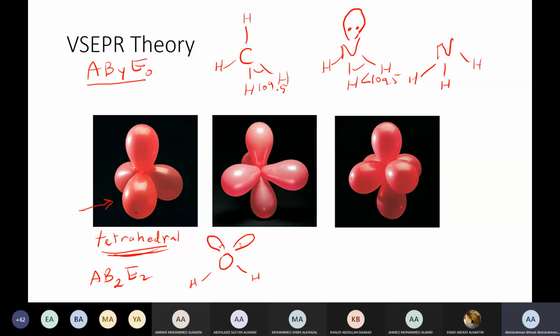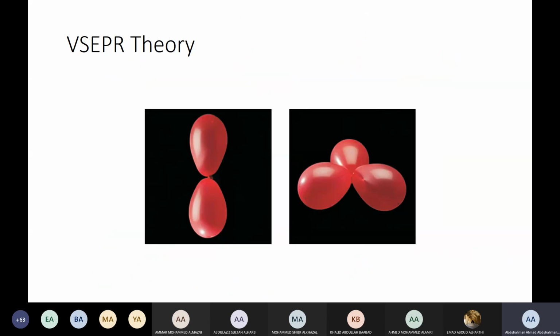But again, we cannot see the electrons. So what are we going to see? Bent, or V shape, exactly. And what will be the angle here? Less than 120? No, wrong. Yes, less than 109.5. That is for tetrahedral.